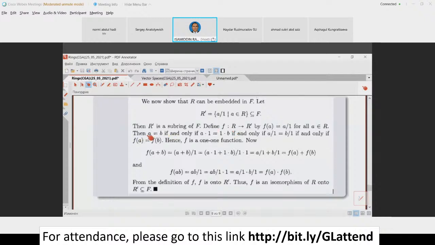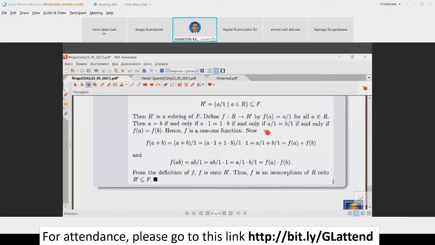Why? Because if A equals B, then A times 1 is B times 1. So that means A over 1 is B over 1, if and only if the images of them are the same. This is the one-to-oneness.